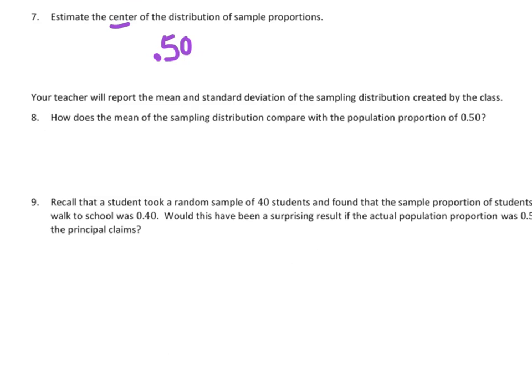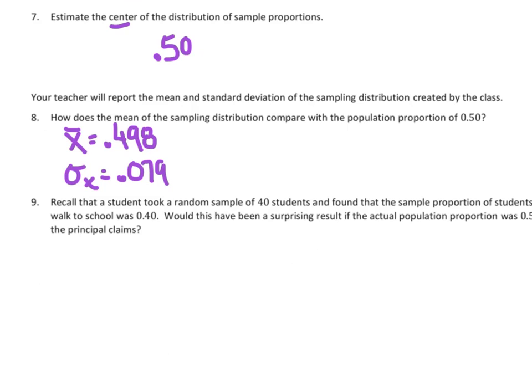Now, that other great thing about the simulation we did on the website that we're using, the Rossman Chance website, is that it automatically reported, and you might have even noticed it when we first flashed that distribution on the screen, what the mean and standard deviation were. So I'm going to go ahead and report those to you right now. Our mean was 0.498. Hopefully you weren't surprised by that. And the standard deviation was 0.079, which measures the spread of the data.